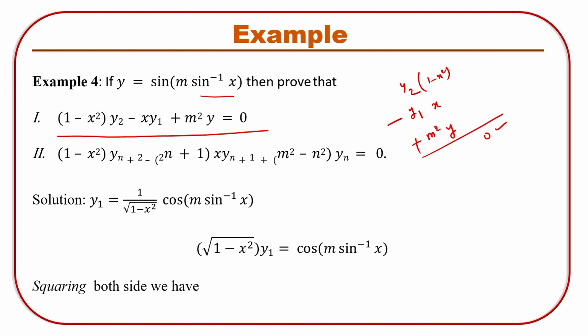That is the tedious way, right? You have to find y1, you have to find y2, and so on. The simplest way to do this is to use the expression itself.